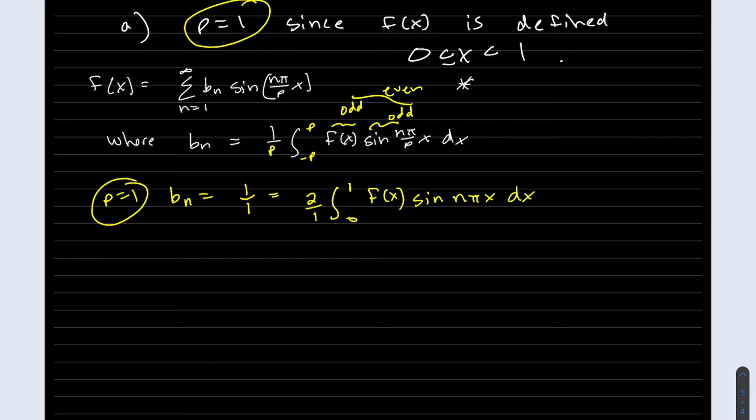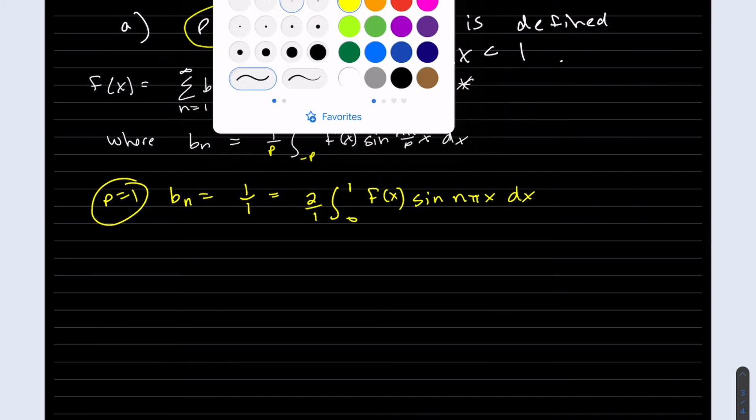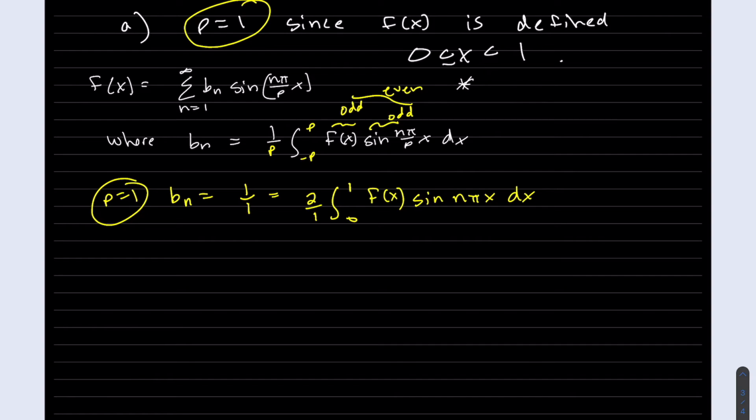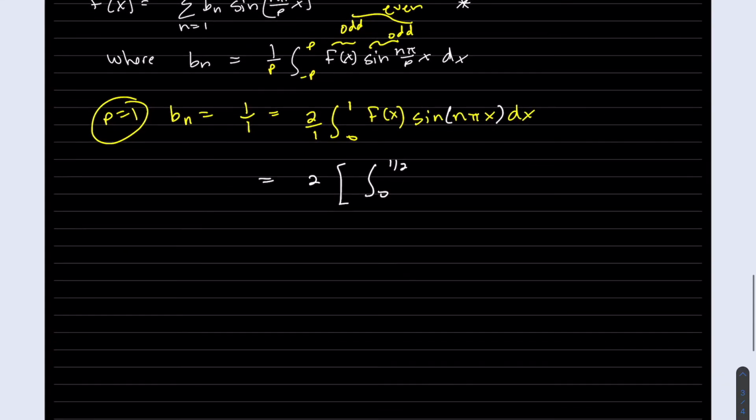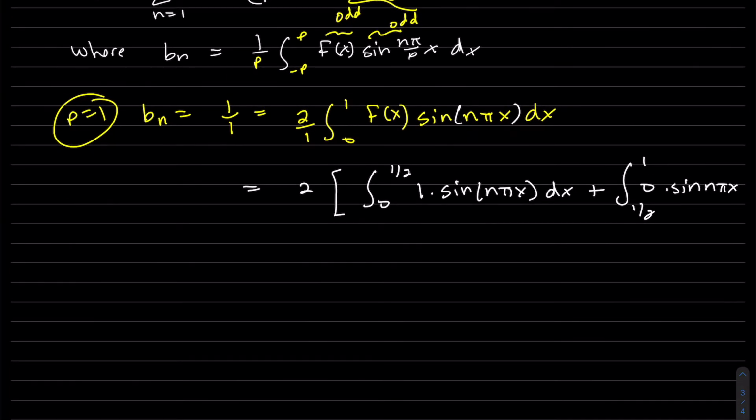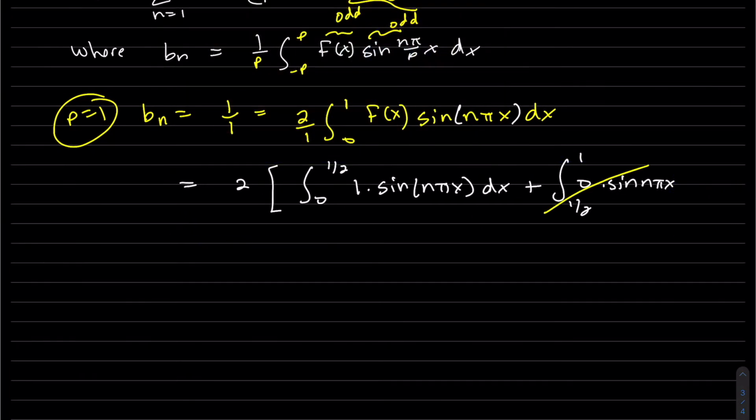So it's f of x times sine of n pi x, and we can break this up. From 0 to half, the function's 1. From half to 1, it's 0. So from 0 to half, f of x is 1, sine is still there. This is 0.